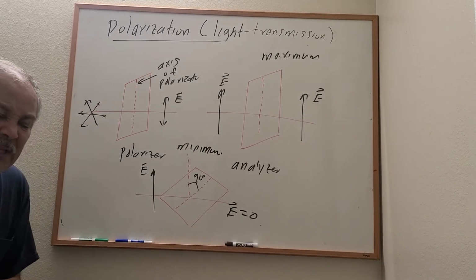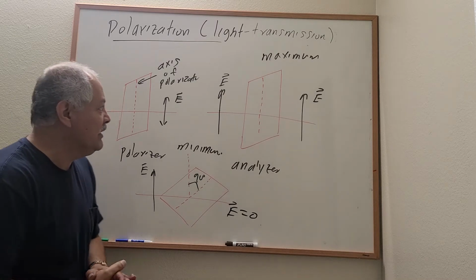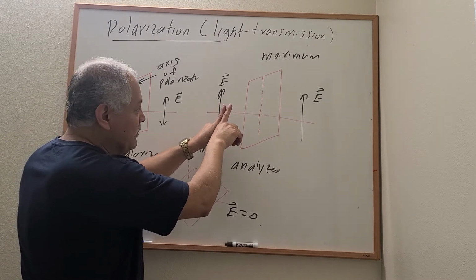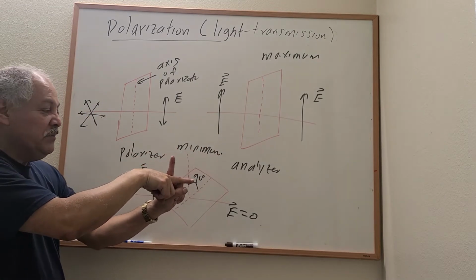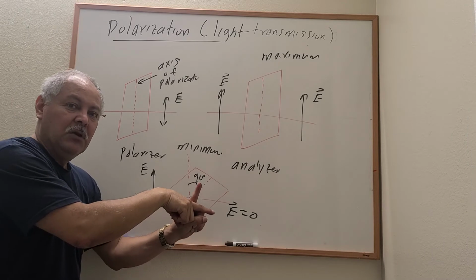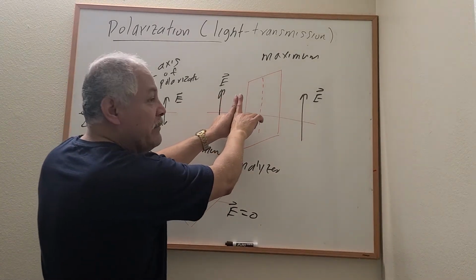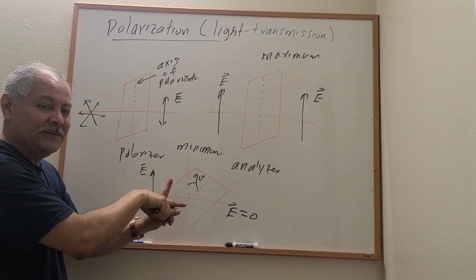So which function helps us to represent this condition? When it's parallel, the angle is 0 and it's the maximum, and when it's perpendicular, the transmission is 0. Which function is that one? Cosine. Cosine 0 is 1, the maximum, and cosine 90 is 0, correct?